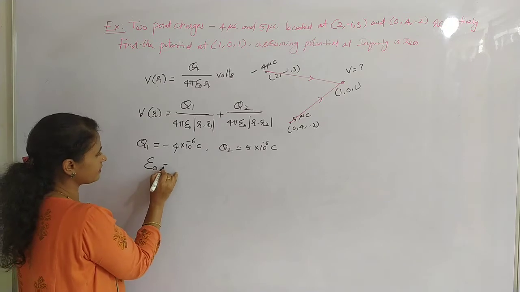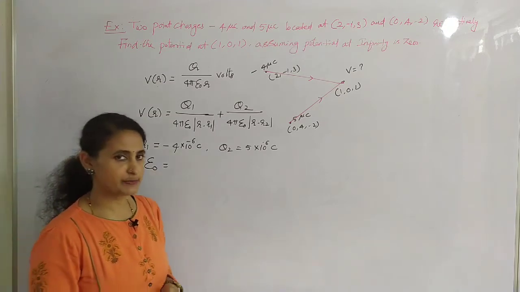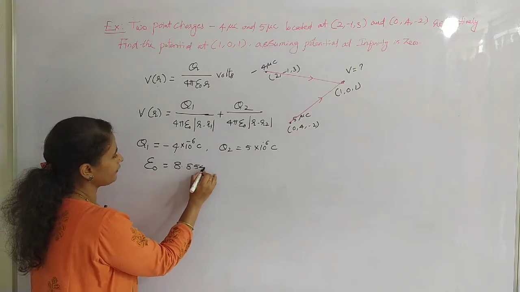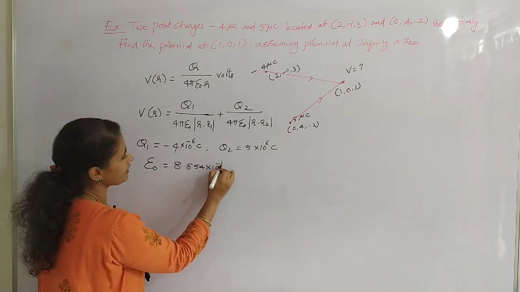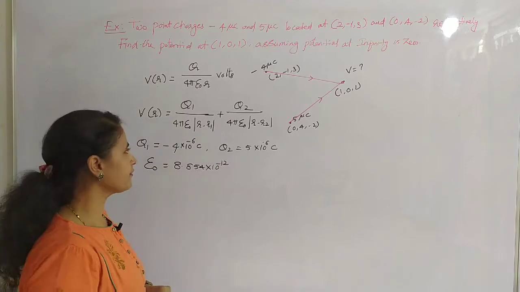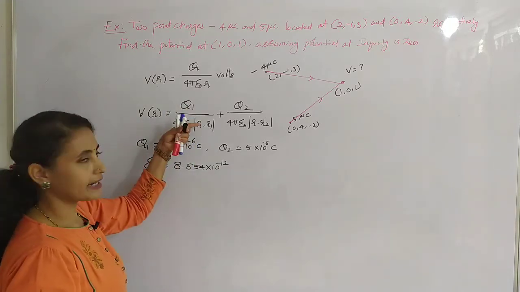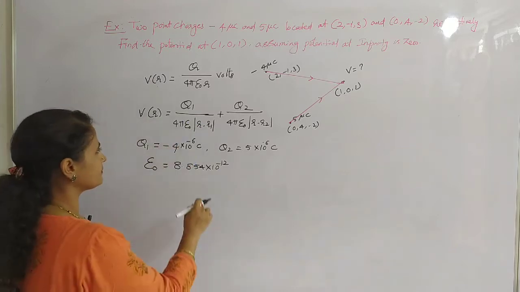Epsilon naught is the permittivity of free space, which is 8.854 into 10 raised to -12. Let us write all the individual terms; later we will substitute in this formula.